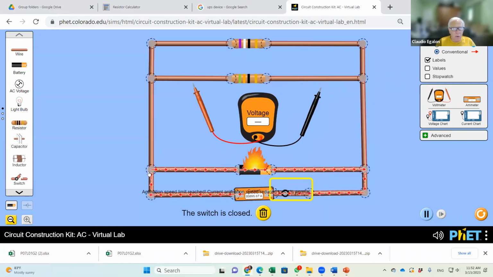And the current may be so high that you can burn your battery or even break down your wire, okay? It has happened with me before. I short circuited my battery. Instead of burning the battery, I burned my wire. My wire broke down. So let's open it and return everything to normal.